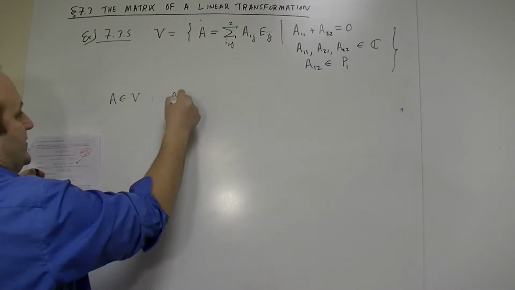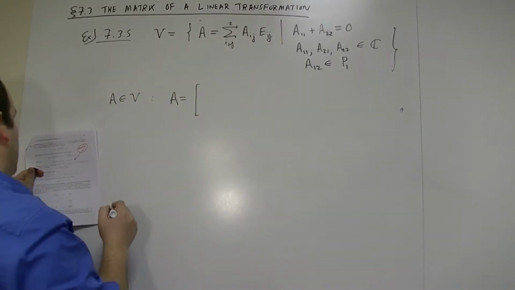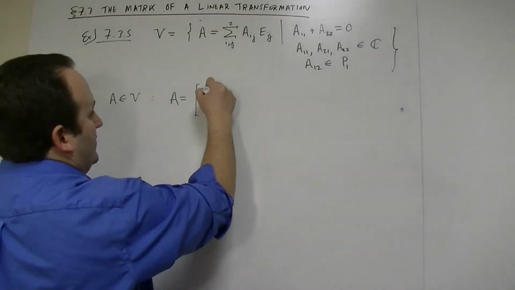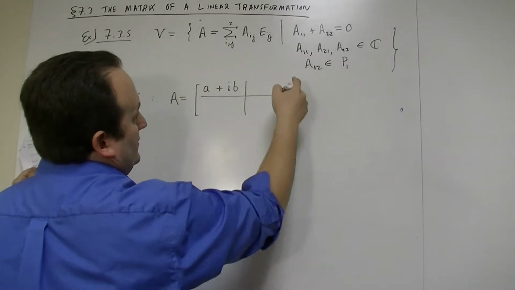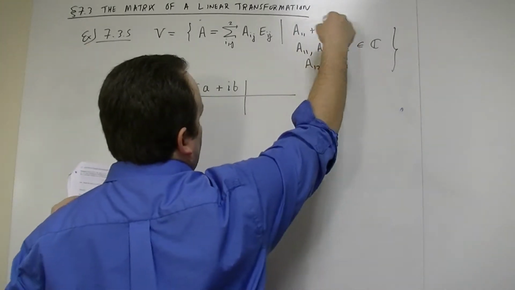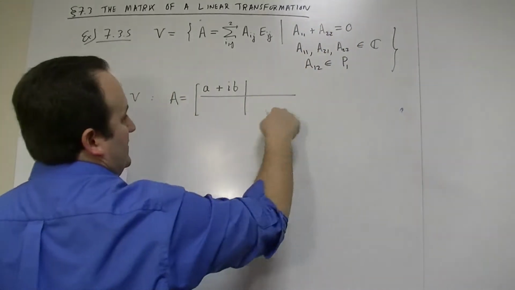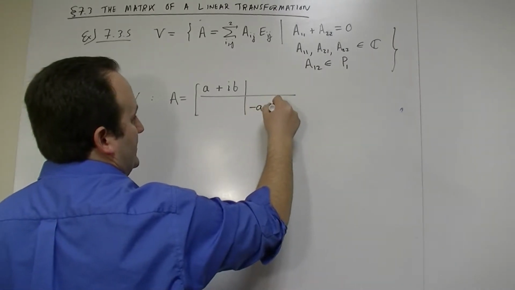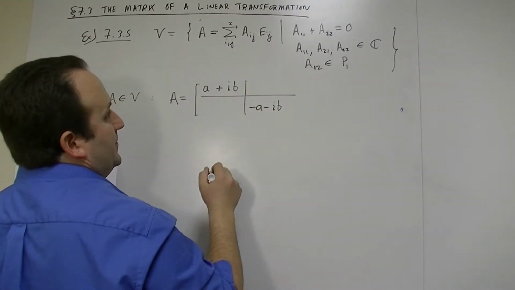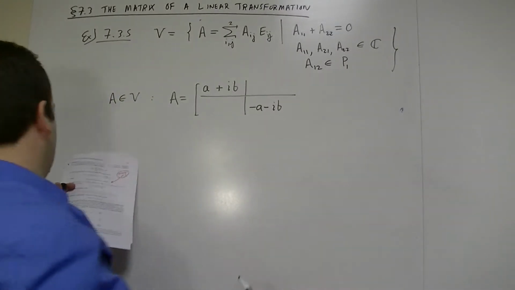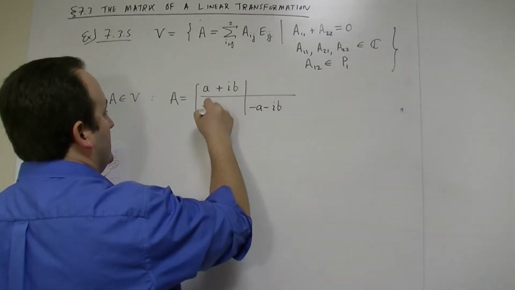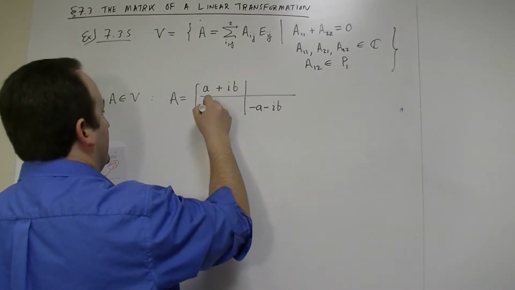That means that A looks something like the following. It looks like a plus i b for the 1,1 spot. See the first condition up here, a11 plus a22 is 0. That makes this be minus a minus i b. There's no condition whatsoever on a21 except that it's a complex number, so I would just do c plus i d, or x plus i y just to be annoying.